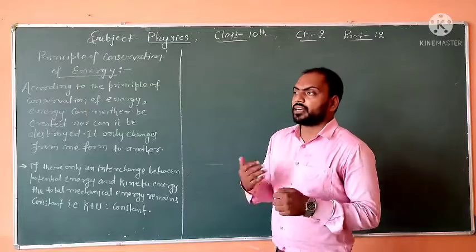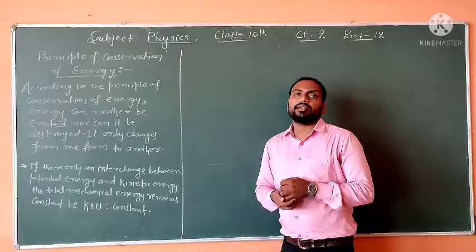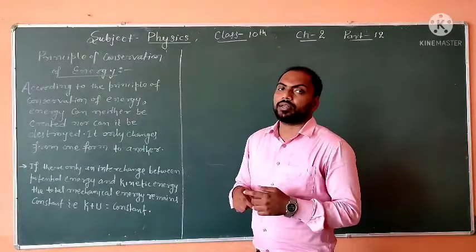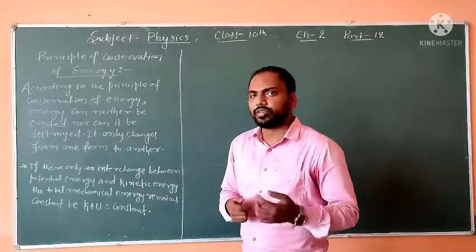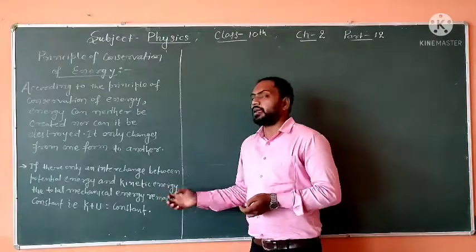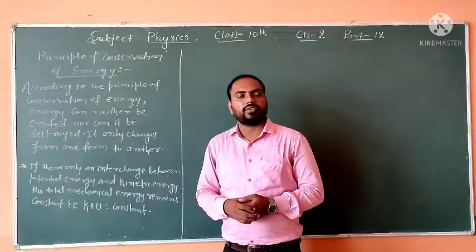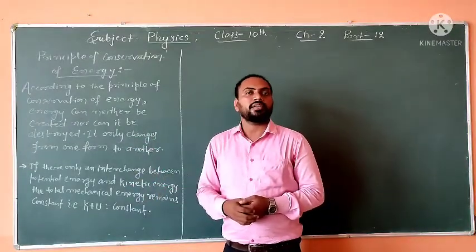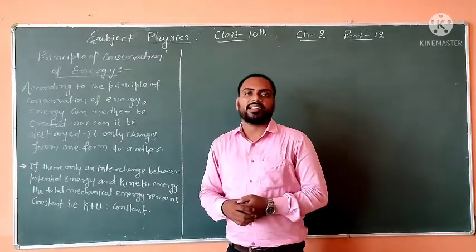In the higher class you will also be taught nuclear energy, and there you will also see the conservation of energy explained theoretically. So here I am going to start with a theoretical explanation of conservation of energy by considering mechanical energy.